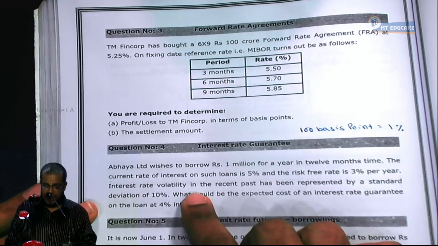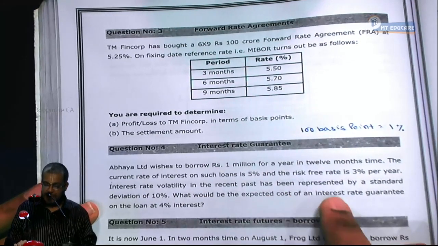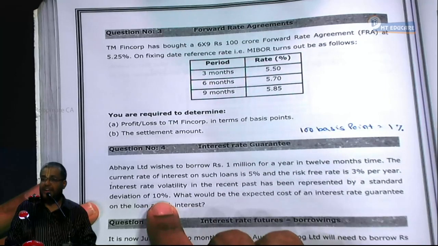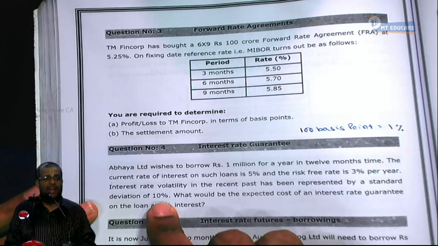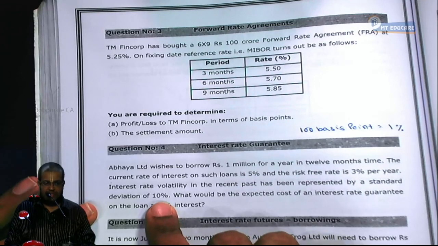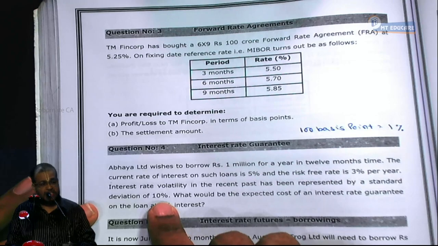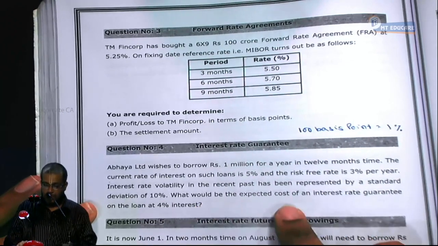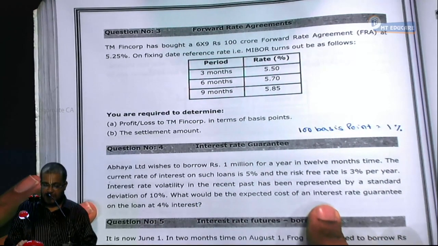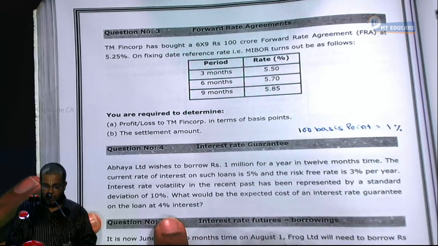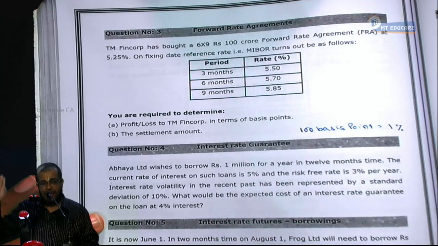Interest rate volatility in the recent past has been represented by a standard deviation of 10%. Daily the reference rate moves up and down or not. How share prices can have a standard deviation, currency rates can have a standard deviation, interest rate too has a standard deviation. What would be the expected cost of an interest rate guarantee on a loan at a 4% interest rate is the question which has been asked.